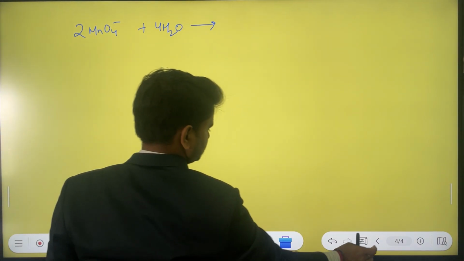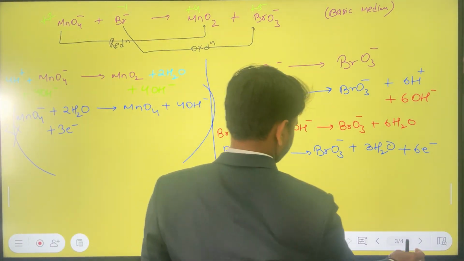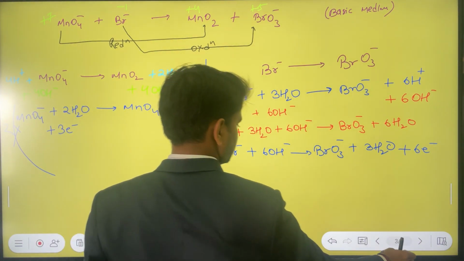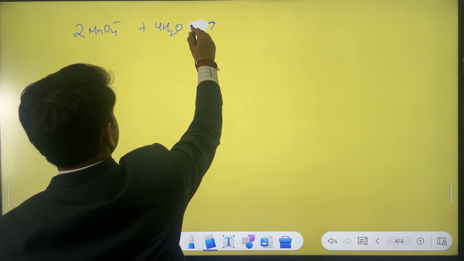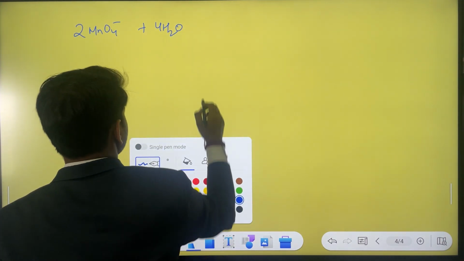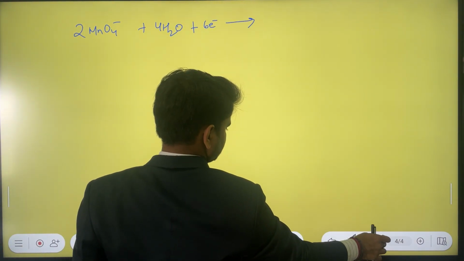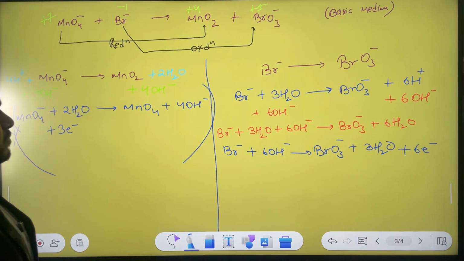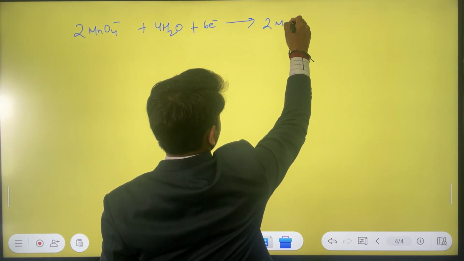2 MnO4 plus 8 OH minus, plus 6 electrons.